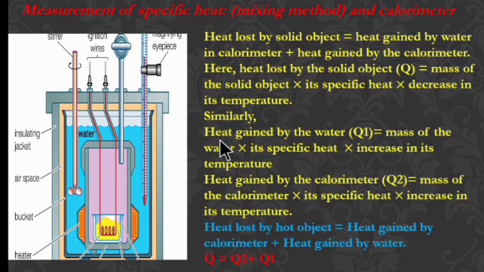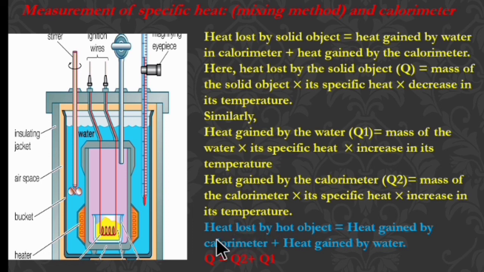Similarly, the heat gained by the water Q1 is equal to the mass of the water into its specific heat into the increase in its temperature. Heat gained by the calorimeter Q2 is equal to the mass of the calorimeter into its specific heat into the increase in its temperature.